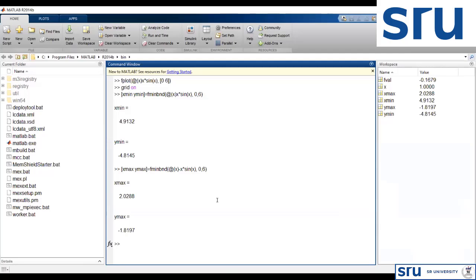In that Word file, the exercises we have discussed, their question statement will be written and then the solution MATLAB command. You can simply copy that command and paste it in MATLAB, the answer will come. Okay, PPT is not required.